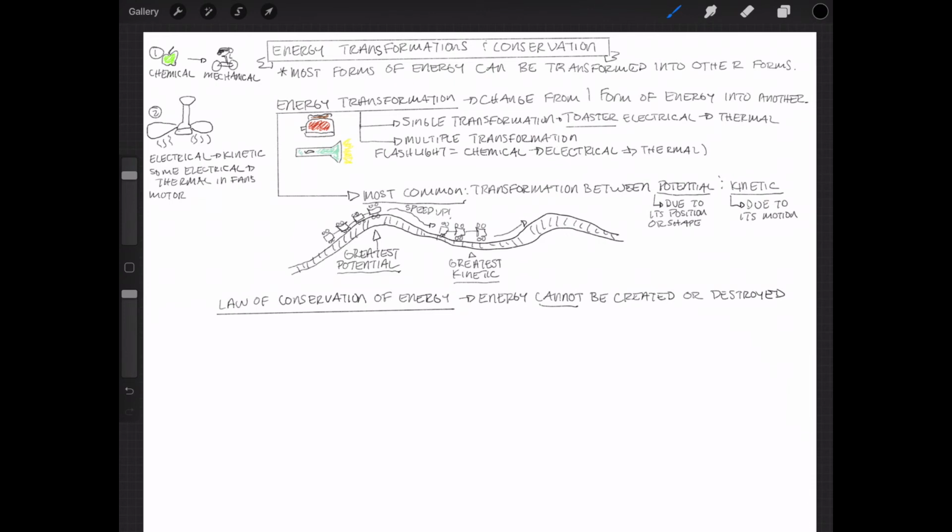And that means that the total energy is going to be the same before and after any transformation. Okay, any transformation. We're going to do a couple examples here.